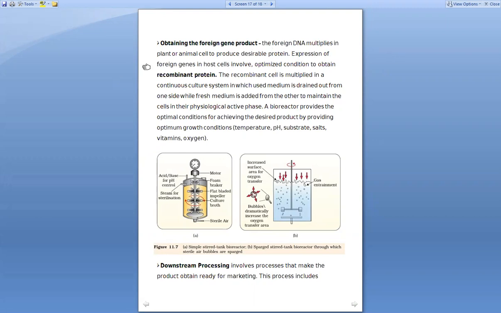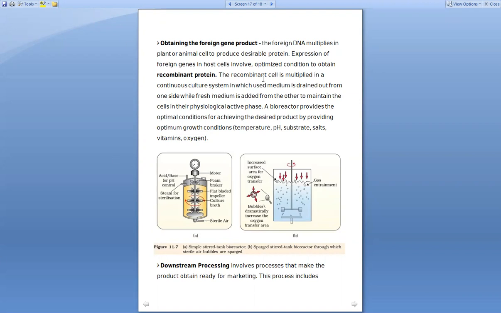The expression of foreign genes in the host cell involves optimized conditions to obtain recombinant protein. Only upon getting the optimized conditions can it produce a recombinant protein, as it was a recombinant DNA. For this reason, whatever protein is formed from that DNA will be the recombinant protein.